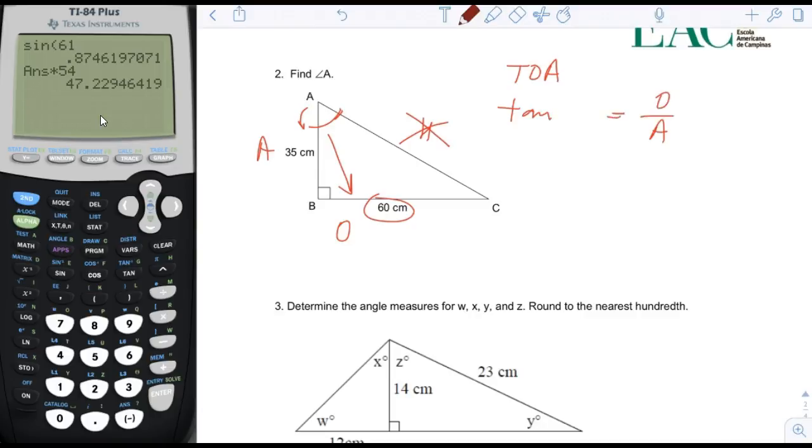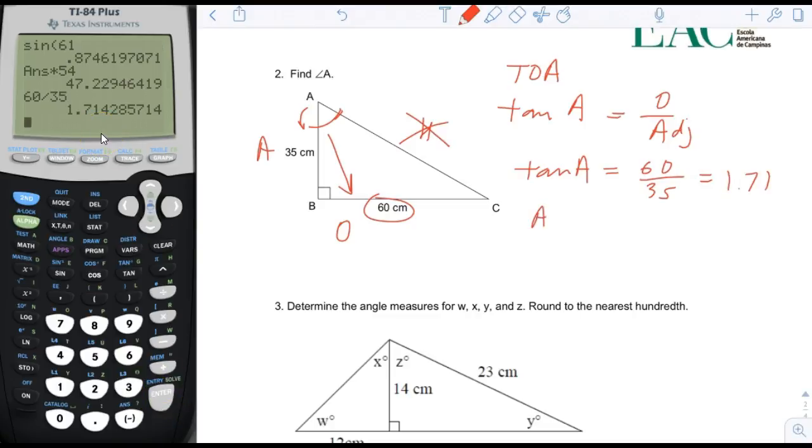So the tangent of angle A is equal to opposite over adjacent. It might be a little confusing that we have two A's here, but one of these is adjacent. I'm going to write adjacent just so it's more obvious. So tangent of A, we don't know what A is, but we want to know. Opposite is 60. Adjacent is 35. Let's divide that out on the calculator. 60 divided by 35, 1.71.